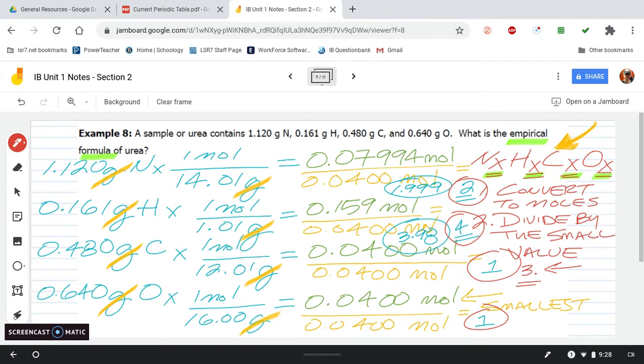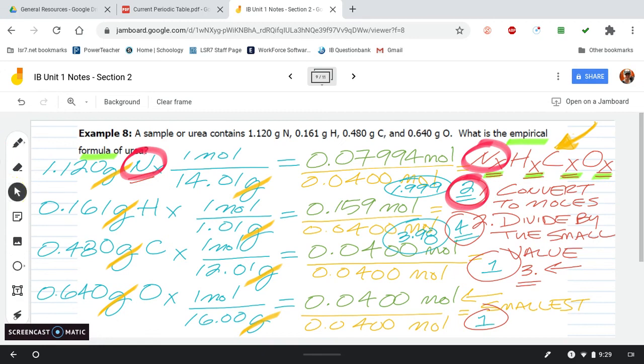They become the subscripts, the small numbers. And so the 2, I know it goes here because the 2 is from nitrogen. So that's the connection: okay, that's nitrogen, so we're going to use the 2, because that's the value that we got when we went through the process.